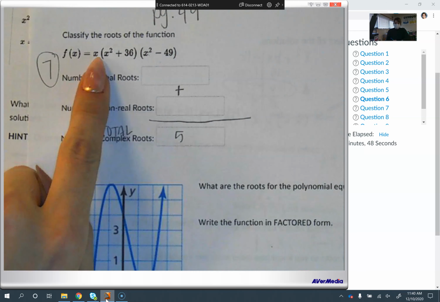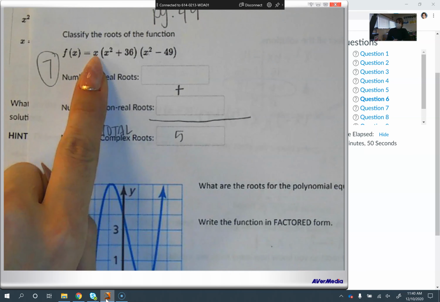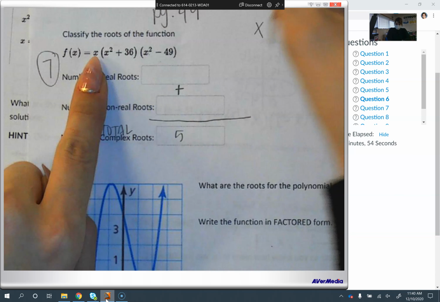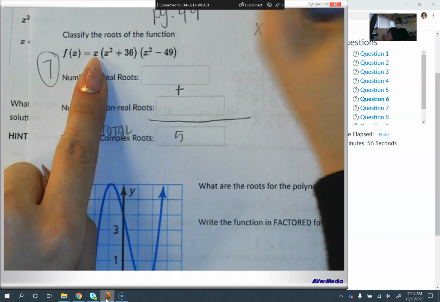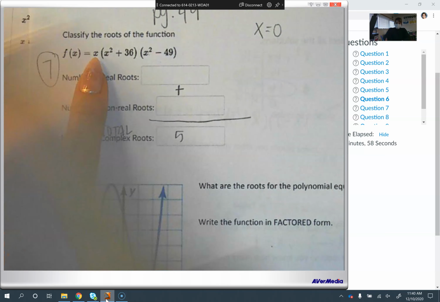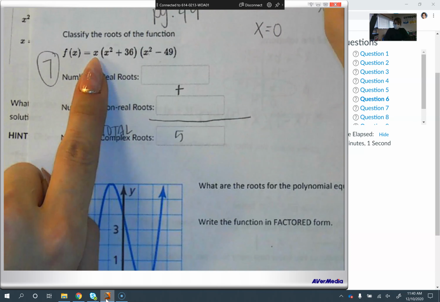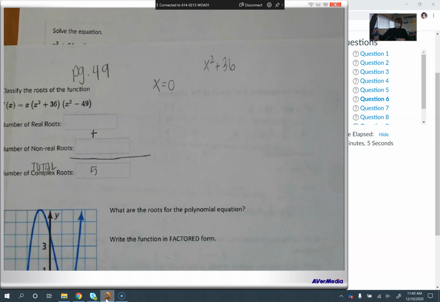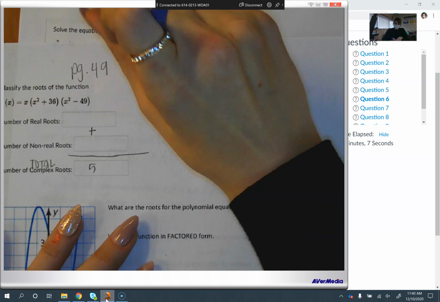Okay, well, my root for x is 0. Okay, x squared plus 36. This is one of those special binomials again.